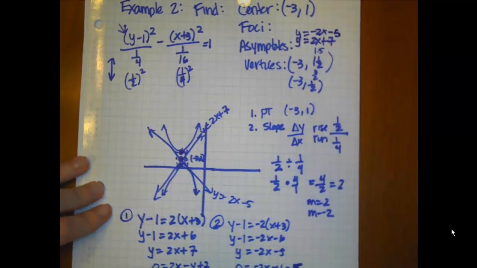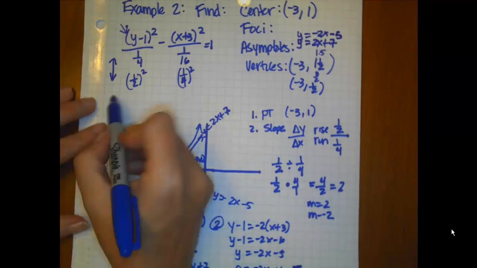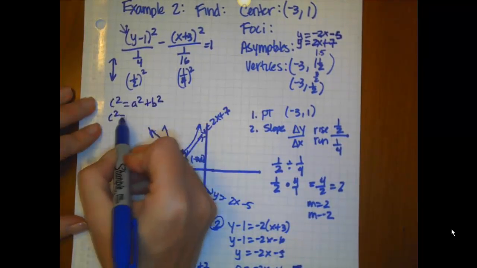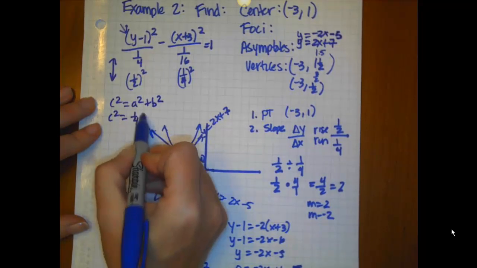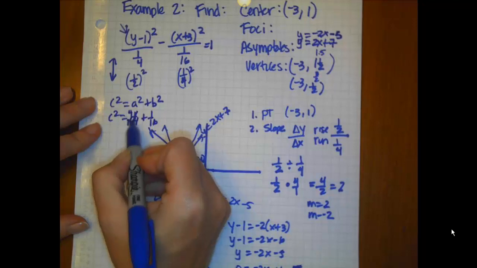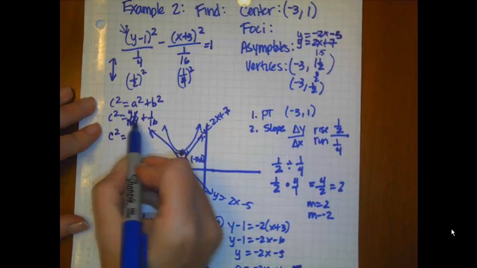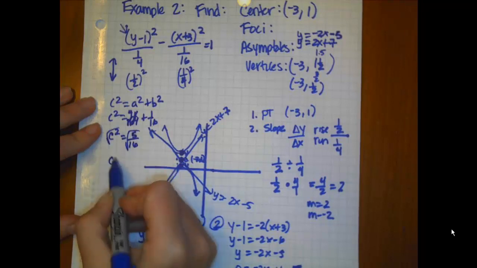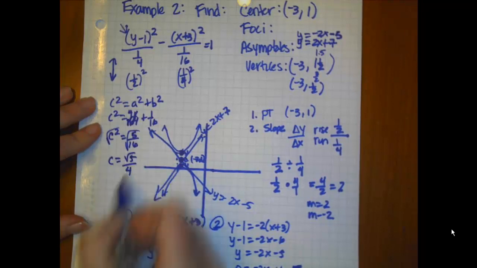Okay. Last thing we want to do is find our foci. So that is c squared is equal to a squared plus b squared. c squared is equal to 1/4 plus 1/16. When I want to get a common denominator, this is 4/16. So 4/16 plus 1/16 is 5/16. When I take a square root, I get root 5 over 4.